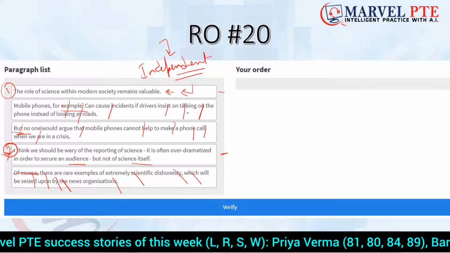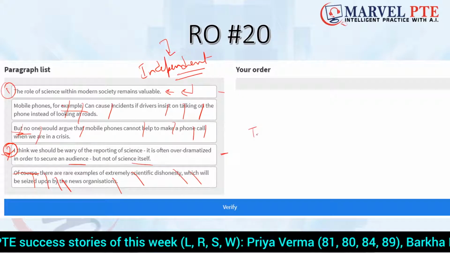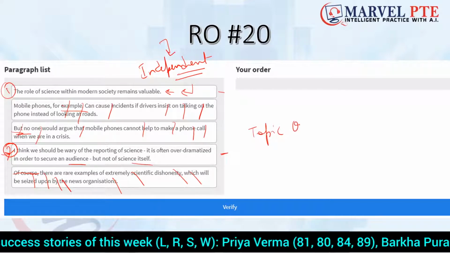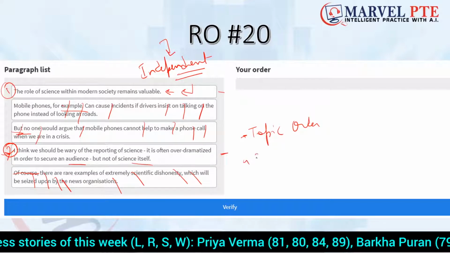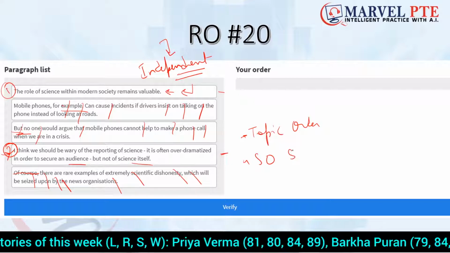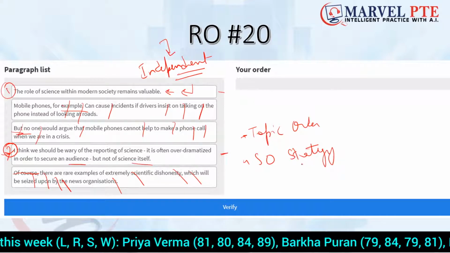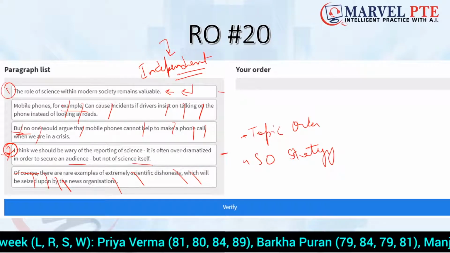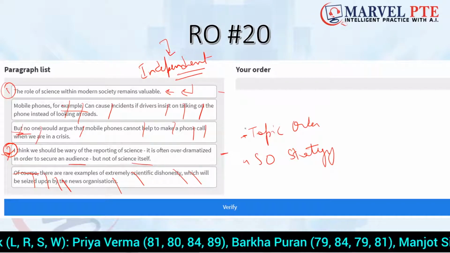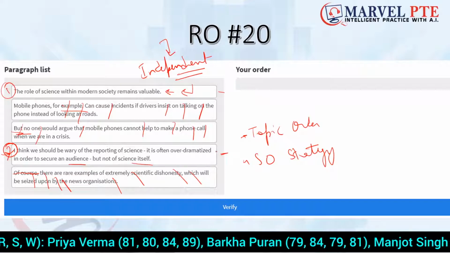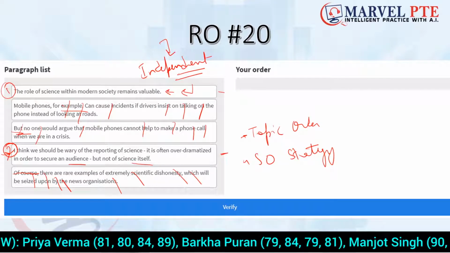How we got to know that? Again, there are some strategies which we say as topic order strategy, subject object strategy. These are two strategies which are very important for reorder paragraphs, and we are going to discuss them in detail in due course.